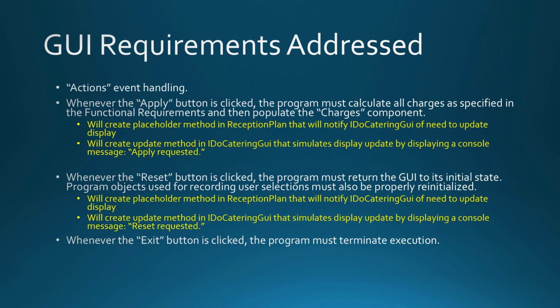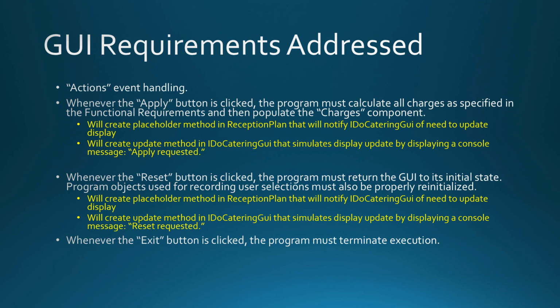Again, we're not going to create a new update method in iDo catering GUI. What we're going to do is utilize that method that we created above, and this time it's going to display the message reset requested. Okay, so that update method that we referred to on the previous slide is going to do double duty.